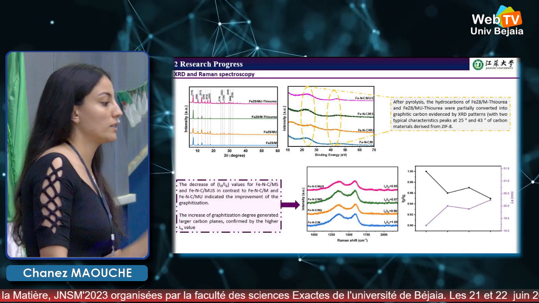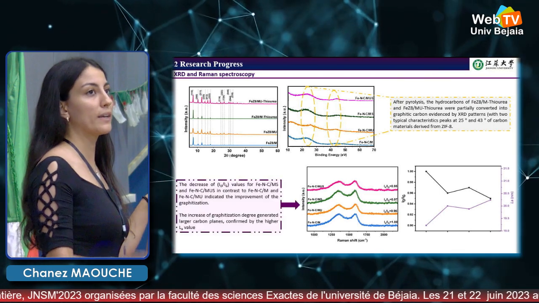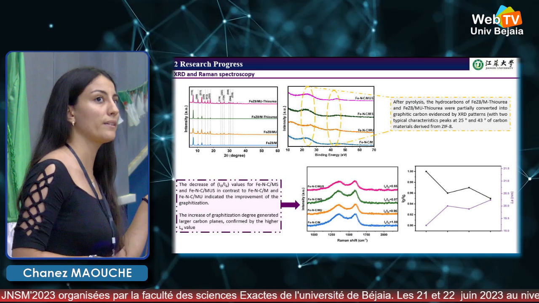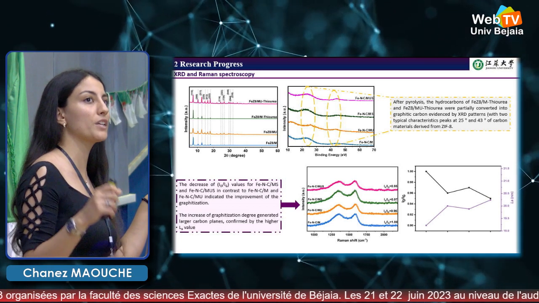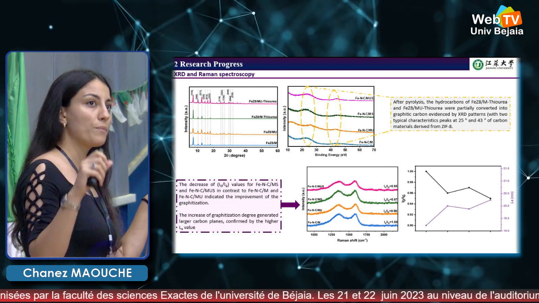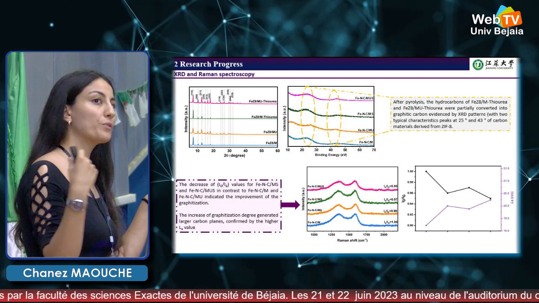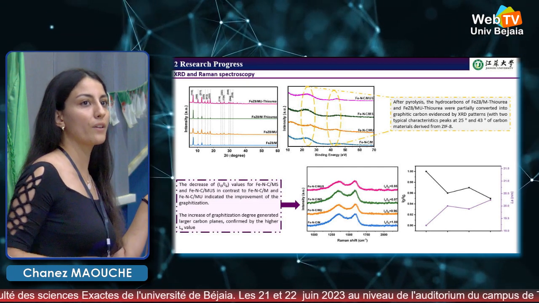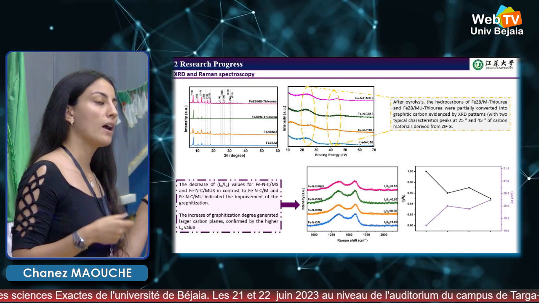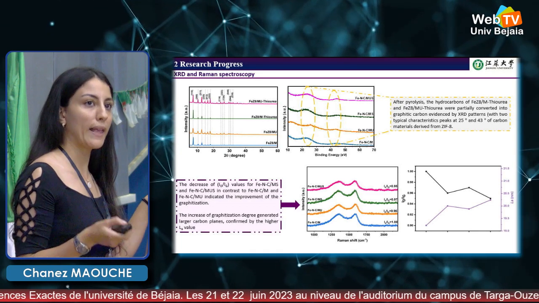For the Raman spectroscopy, we have 2 peaks ascribed to the D and G bands, and we can see that the decrease of the intensity of G indicates the improvement of the graphitization degree. As well, on your right, we can see the increase of graphitization degree generating larger carbon planes.